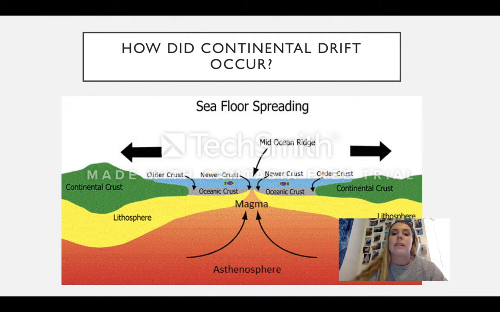Seafloor spreading was kind of the last nail in the coffin that helped establish that continental drift was the only possible explanation for how Earth is the way it is.